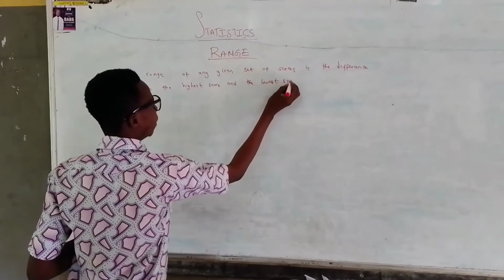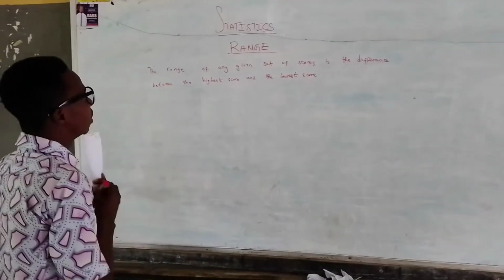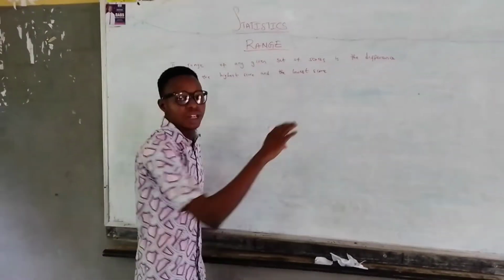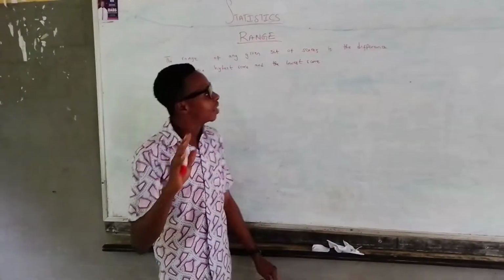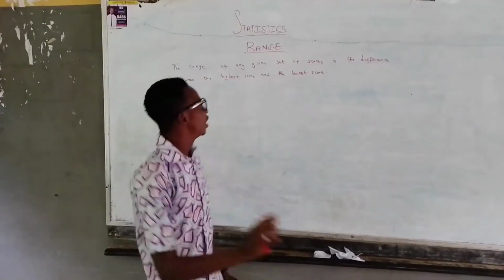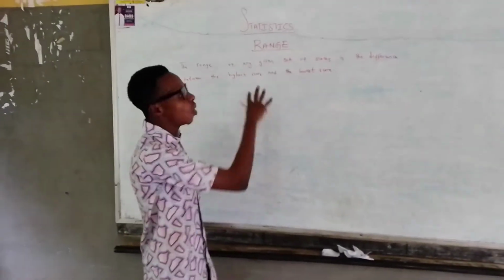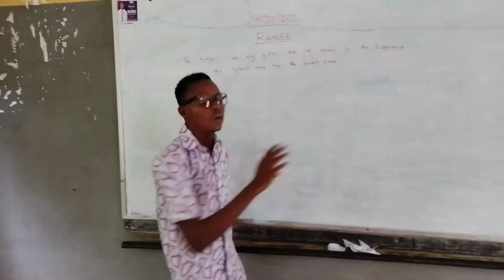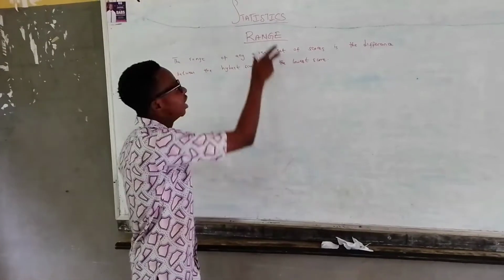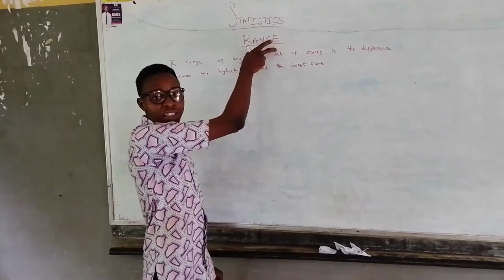From this definition, you can see that for any given set of numbers, you just need to take the difference between the highest score and the lowest score. Once you take the difference between the two, you have what we call range.